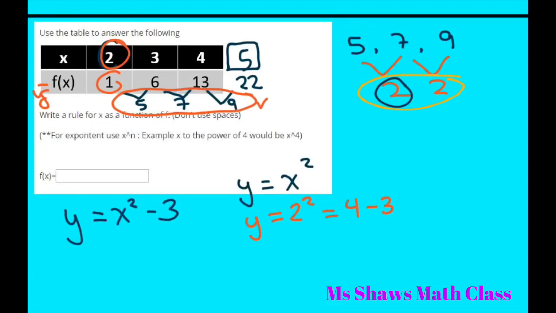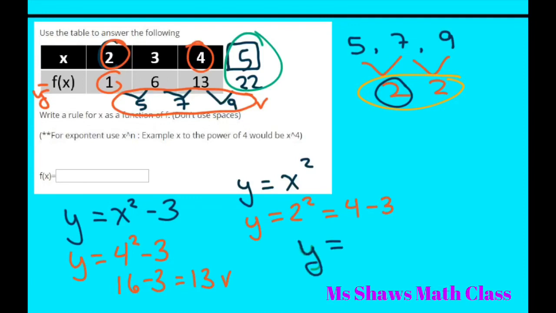Just pick one of these. Let's pick 4 and try that. We get y equals 4 squared minus 3. That gives us 16 minus 3, which equals 13, which checks. You can check one more. Let's check this one. Y equals 5 squared minus 3.